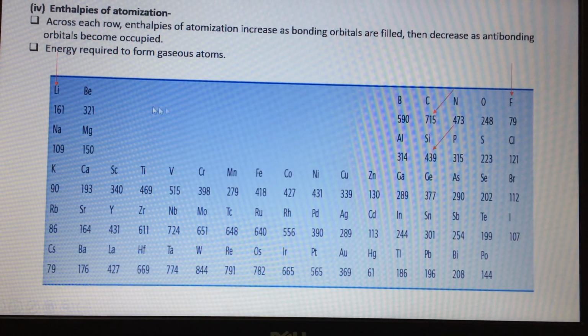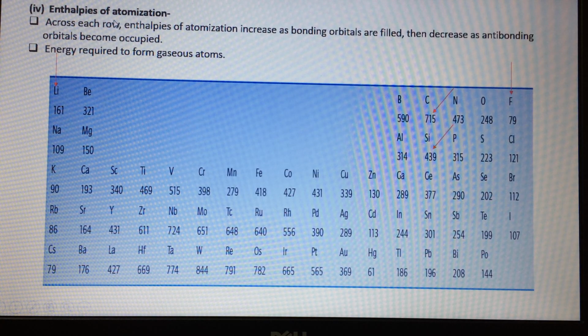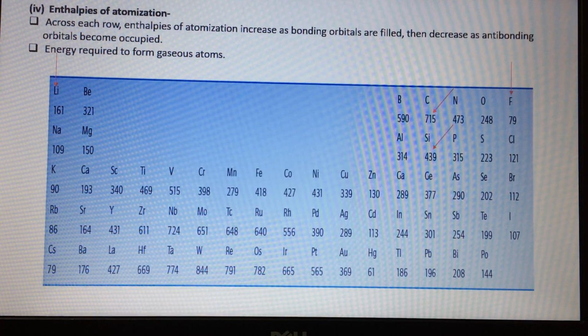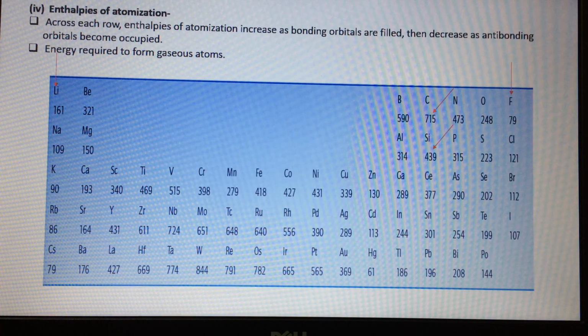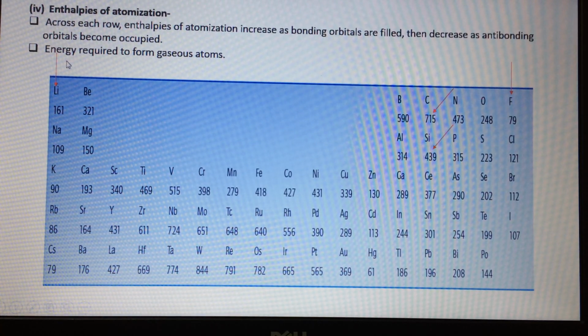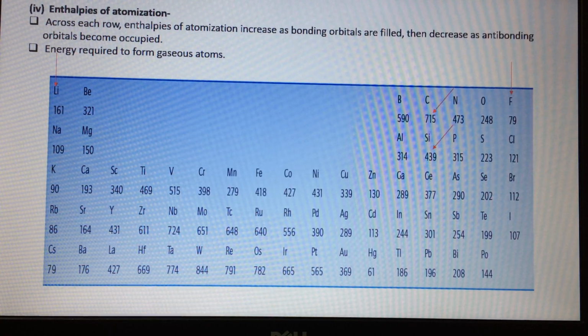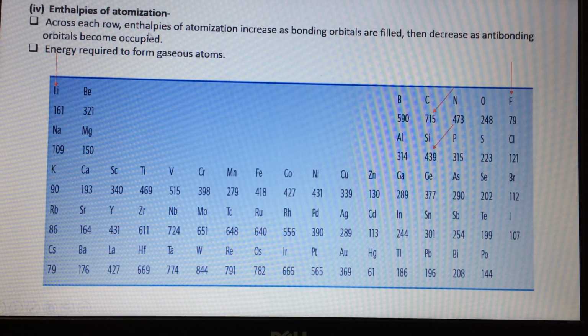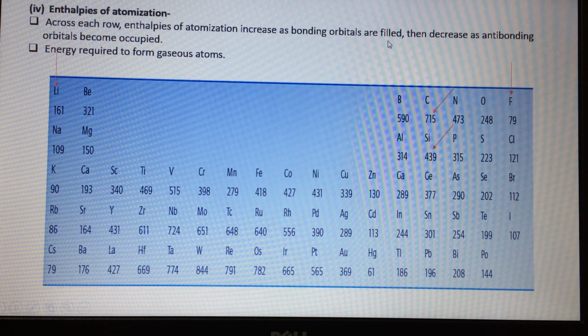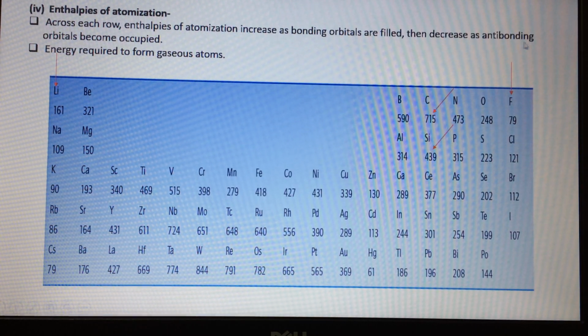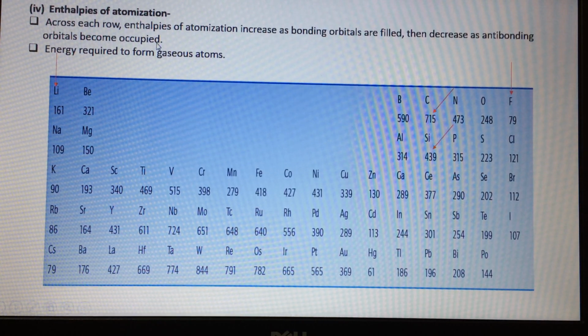Now the fourth property I will discuss is the enthalpy of atomization. What is enthalpy of atomization? It is basically how much energy is required to form the gaseous atoms. This is the main theme of enthalpy of atomization. Enthalpy of atomization increases as bonding orbitals are filled, then decreases as antibonding orbitals are occupied.